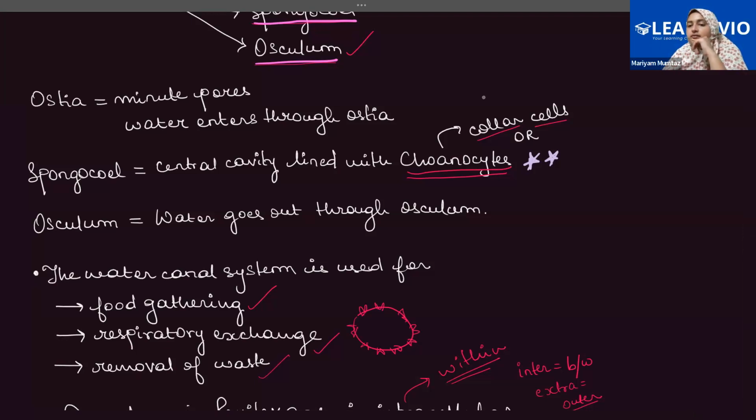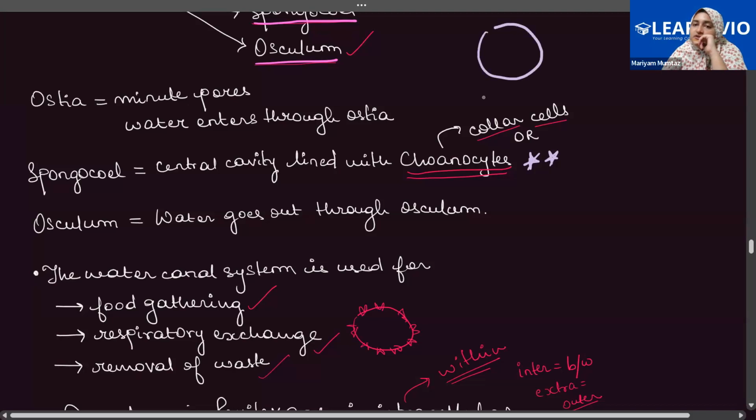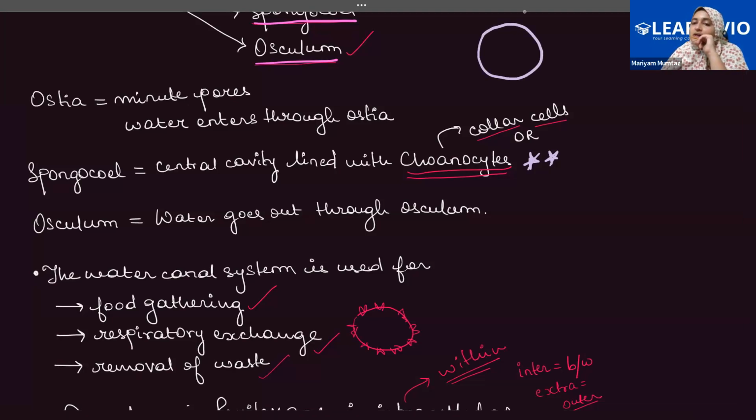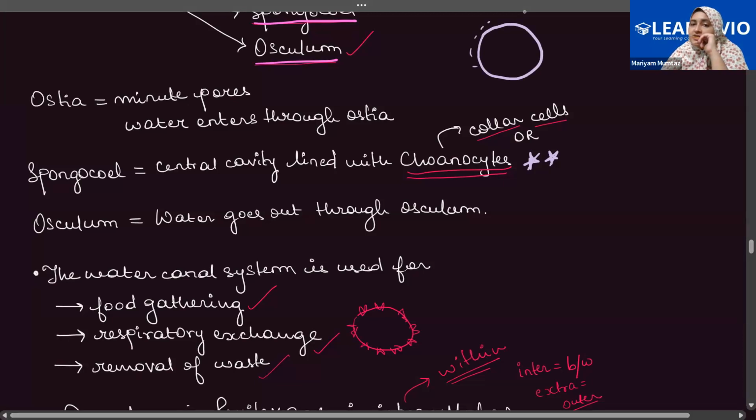What is the difference between lining and covering? See, if this is a structure, any cell, any cavity, anything. If I say that it has been covered by cells, it is present all on the outer portion of the cell.